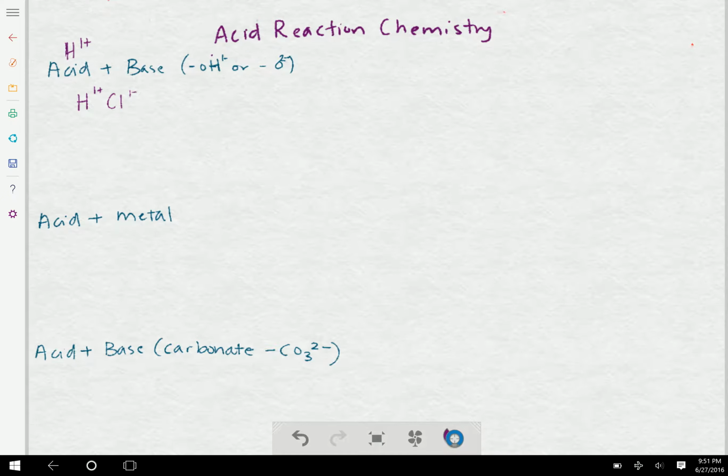If I look at the oxidation states of the hydrogen and the chlorine, I see that there would be just one of each for it to be a neutral 0 overall. So we'll write HCl for hydrochloric acid. I could put an (aq) behind it representing that it's aqueous if I wanted to. And that's going to react with a base. In this instance, I'm just going to pick a common base that we use.